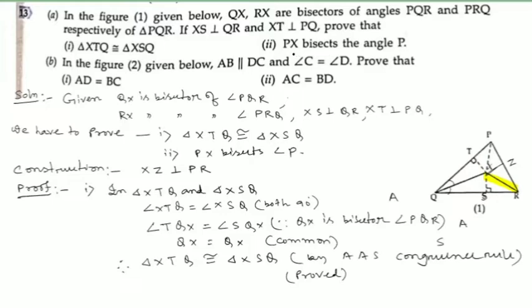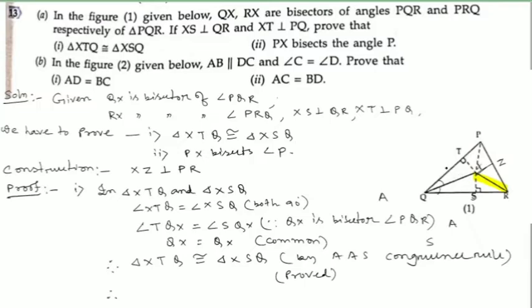Now we will prove number 2, that is PX bisects the angle P. So here we can write XT is equal to XS by CPCT rule. Okay, and I put it number 1.